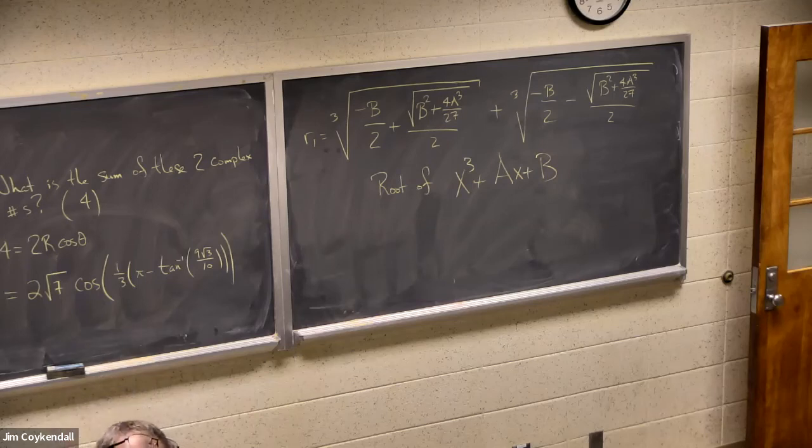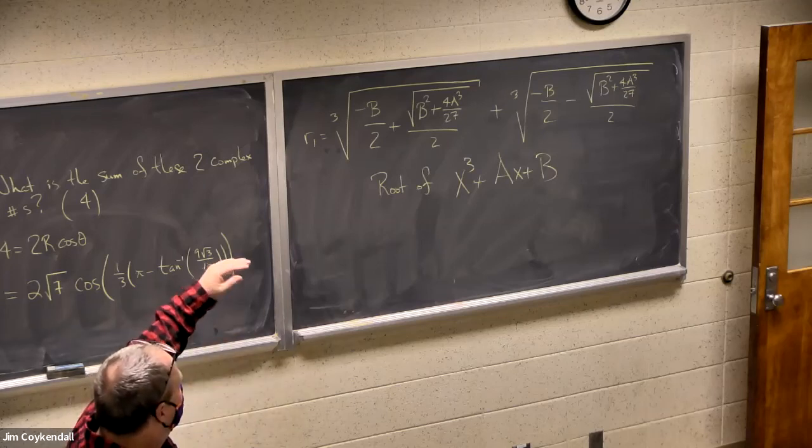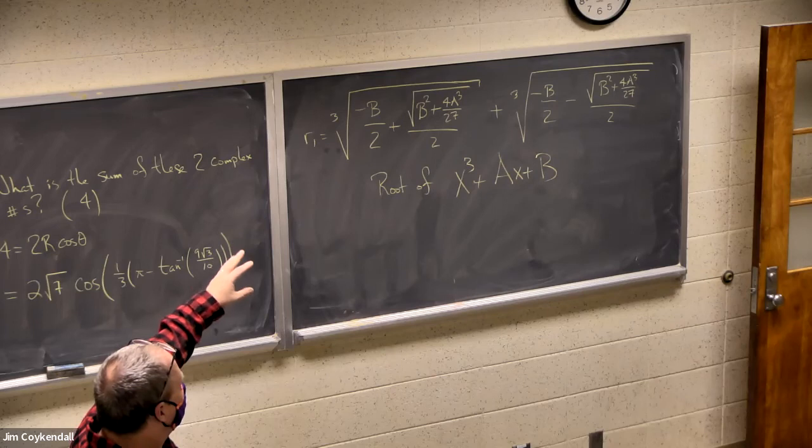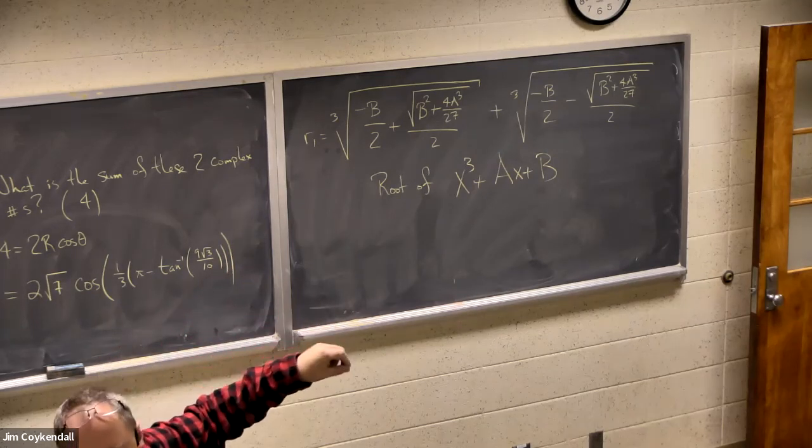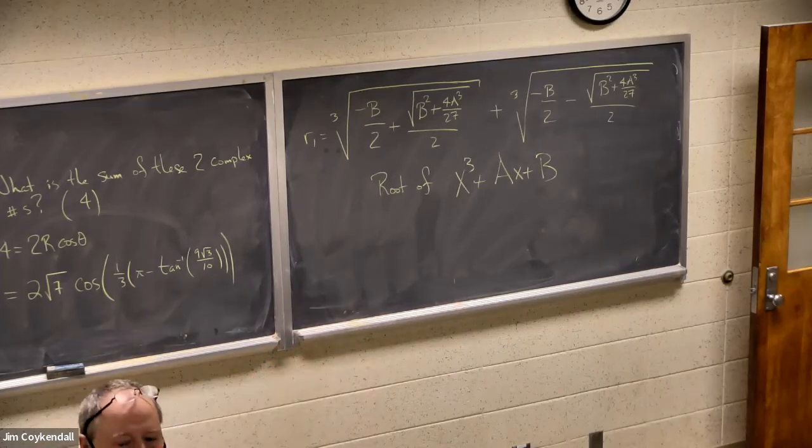Some fifth degree polynomials you can solve with radicals. That means by using sums, products, quotients, differences, and only the symbol square root, cube root, fourth root. There are some 5th degree polynomials like this one.